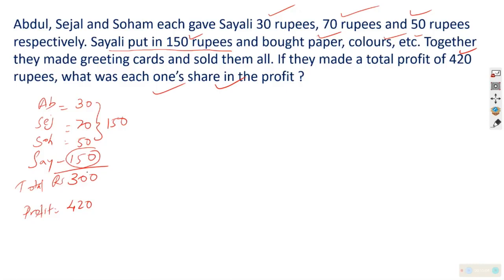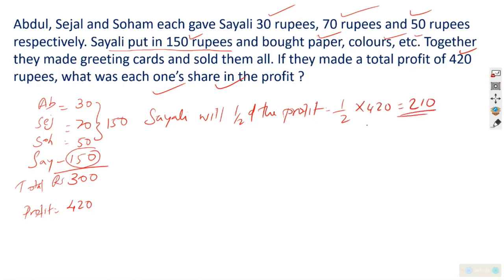So we can simply say that Sayali will be getting half of the profit, because half of the capital is Sayali's. That means half of 420, 210 rupees Sayali will take.